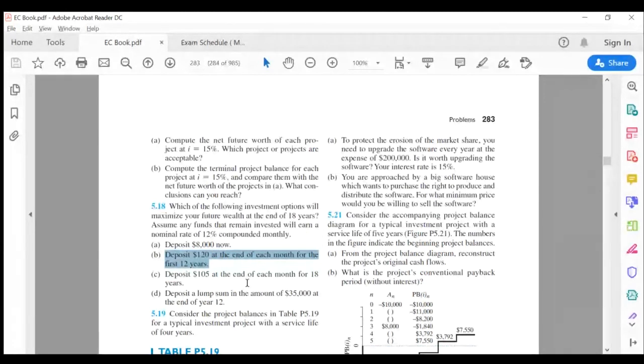Deposit 120 at the end of each month for the first 12 years. How do we calculate a future worth of this one? I'll explain. 120 for the first 12 years.